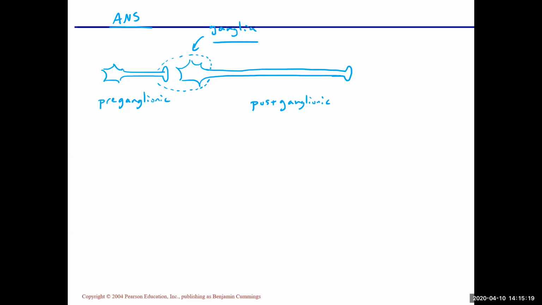This ensures the communication taking place between the two, the preganglionic and the postganglionic, all right? In this case, you could have a short preganglionic neuron and a postganglionic neuron. But you could have a longer postganglionic neuron.